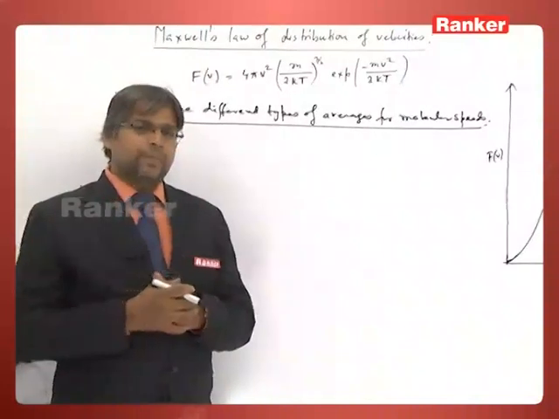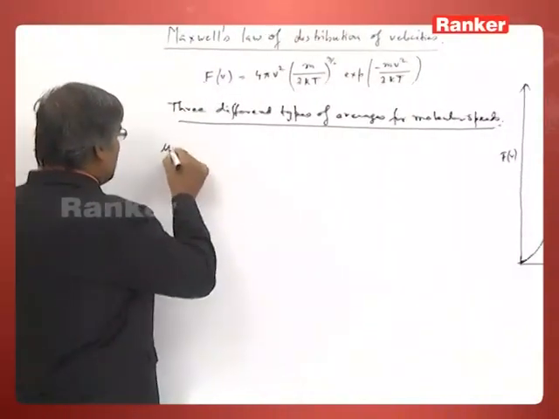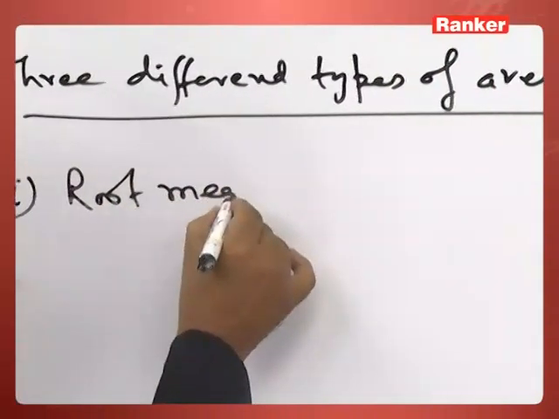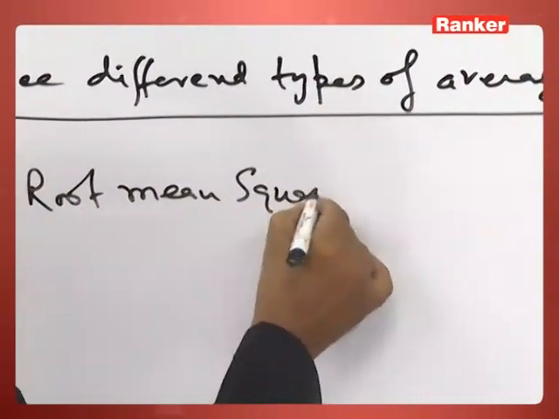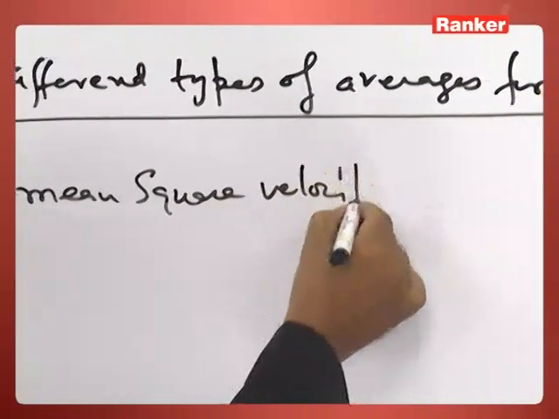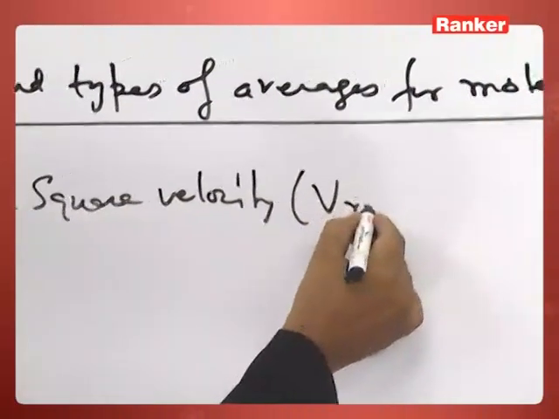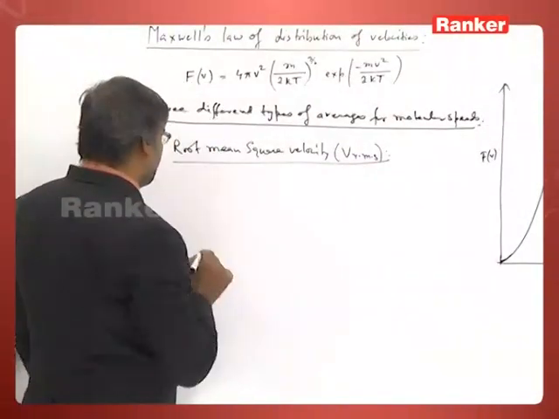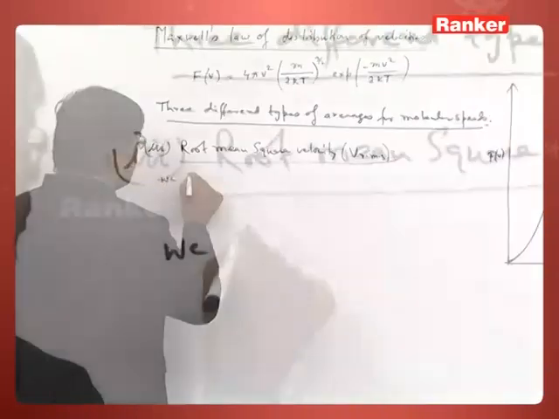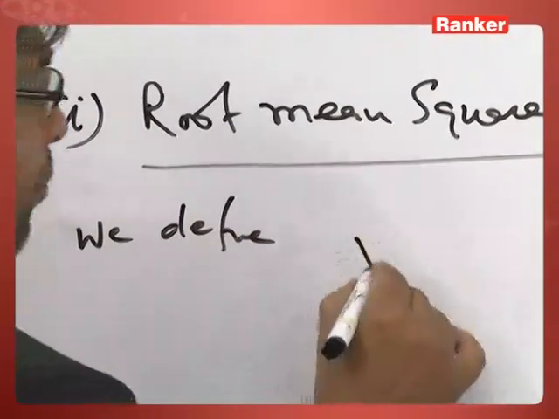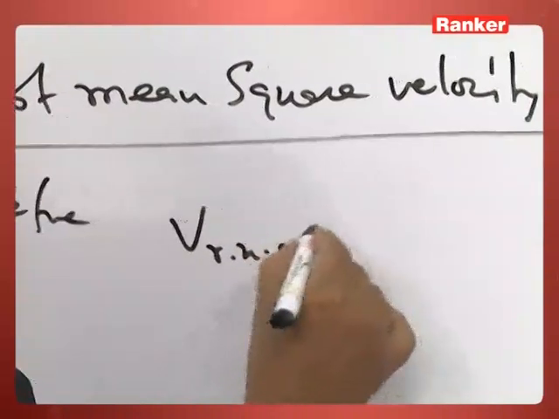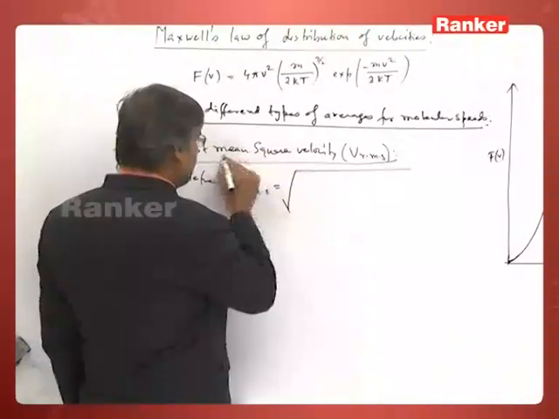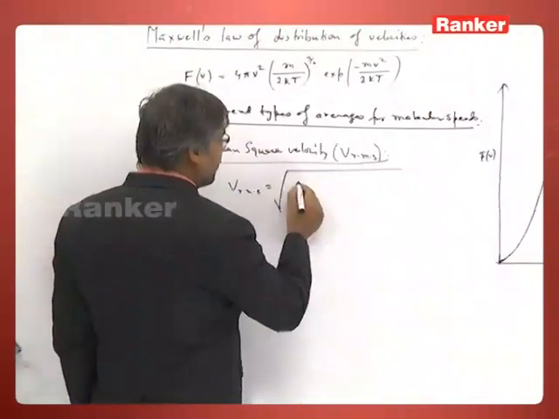Now, the third type of mean which we can talk about is the root mean square velocity, also called V_RMS. We define V_RMS as the root of the mean of squares.